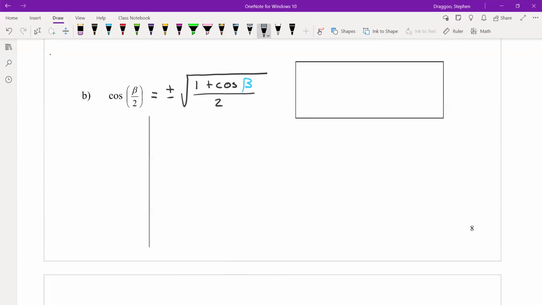First part I'm interested in, though, is that plus or minus on the left side, the outside of the square root, because that's all going to depend on the quadrant that beta over 2 is located in. Right? So if I want to know the sign on cosine beta over 2, I need to know the quadrant that angle beta over 2 is in.